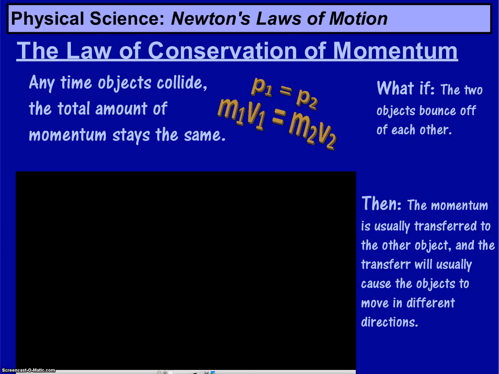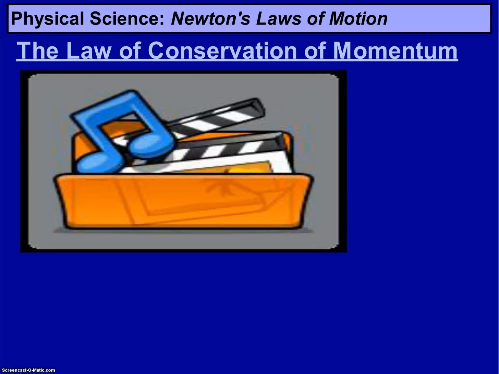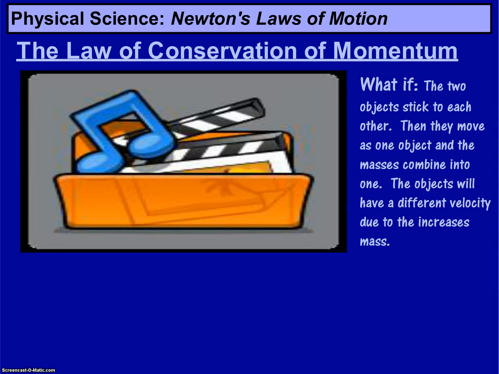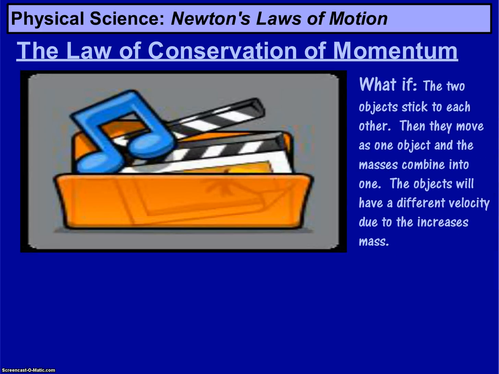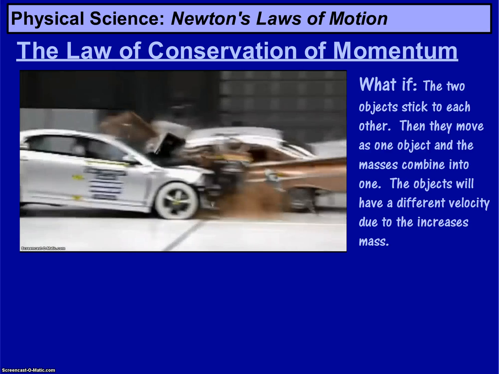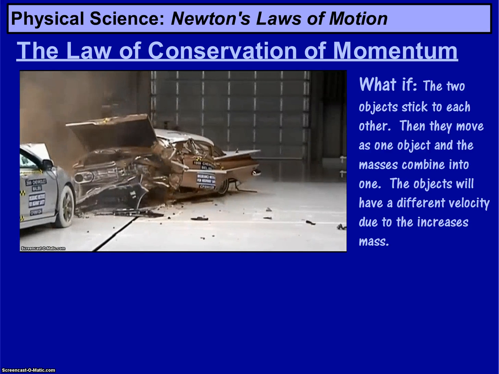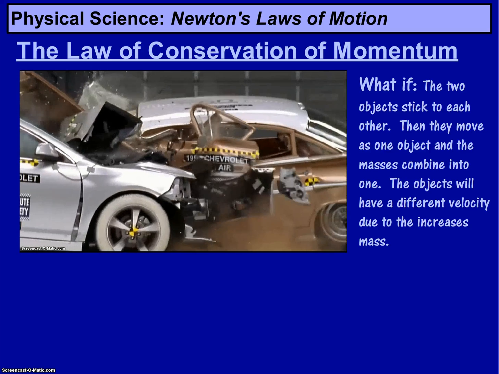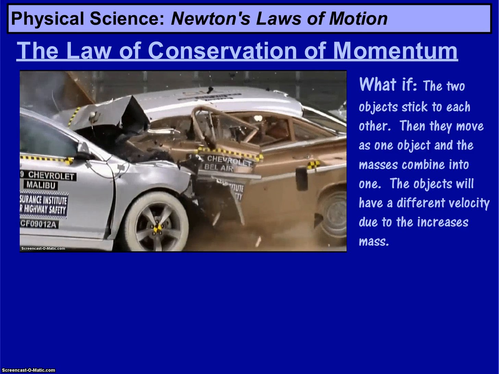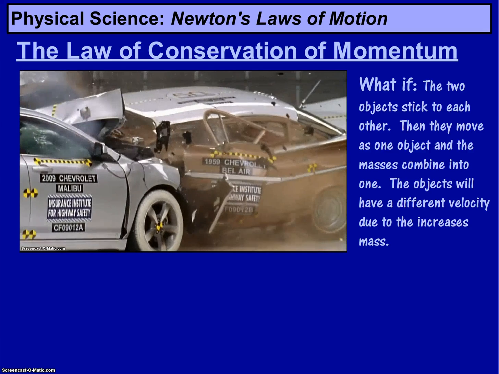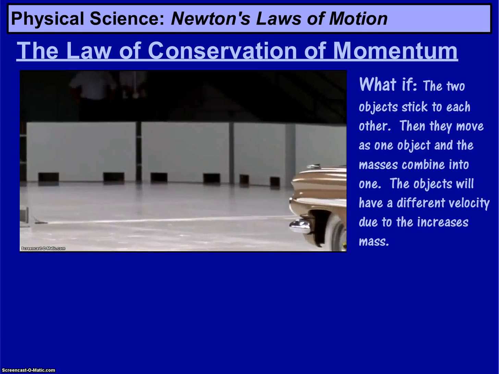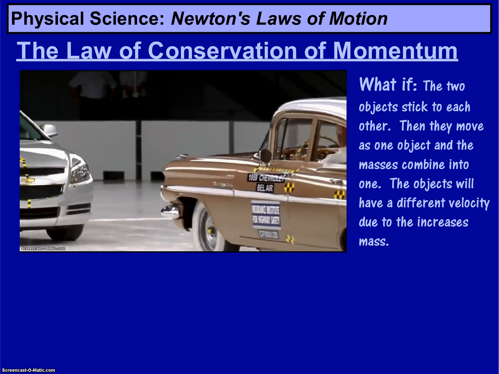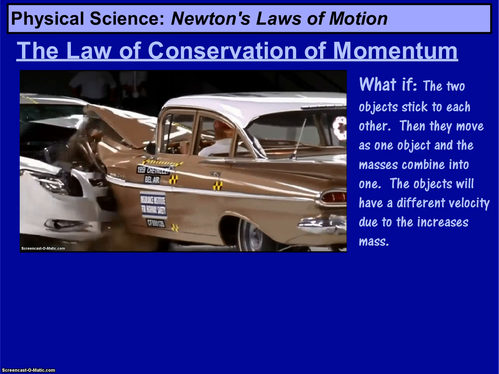Okay, so what's another possibility? What if the two objects stick to each other? Now that's a collision. Whoops. Okay, I guess they're not sticking to each other in the case, but you can kind of see what's going on in this collision between a Chevrolet Bel Air and a Chevy Malibu, the old versus the new.